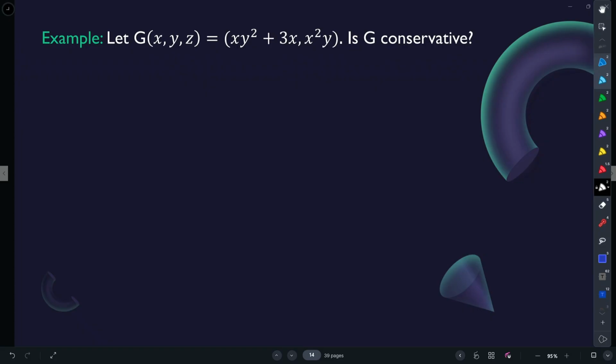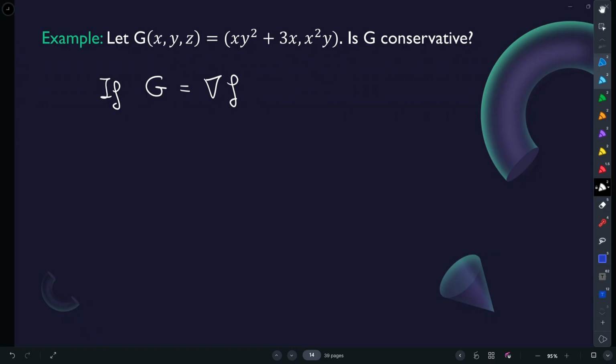So another trick that you can do is the following. Suppose that this vector field is a gradient, if they're just asking me, is G conservative? There is one more way to check, which is the following.